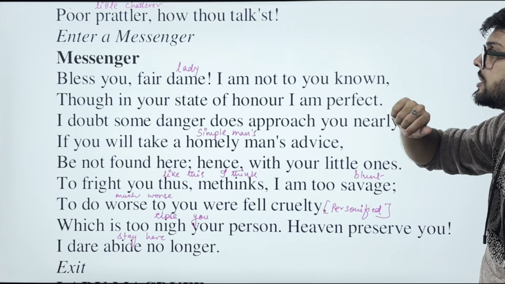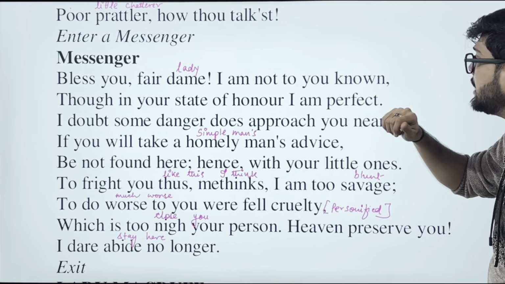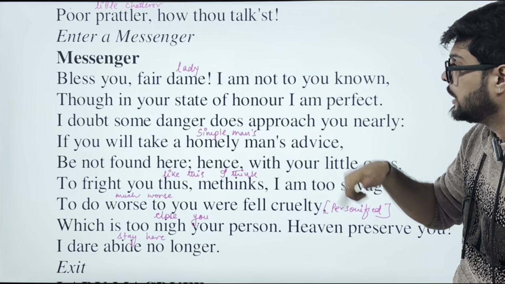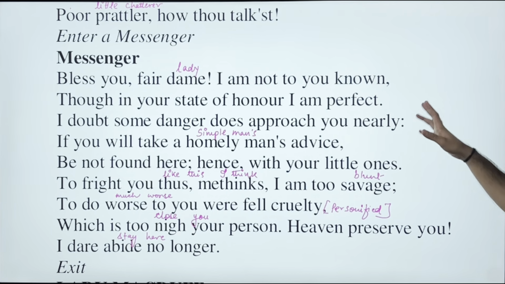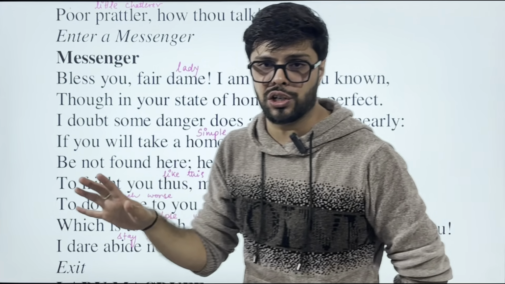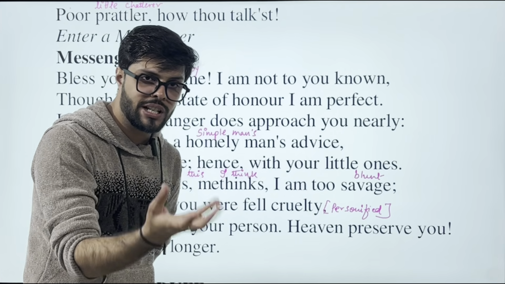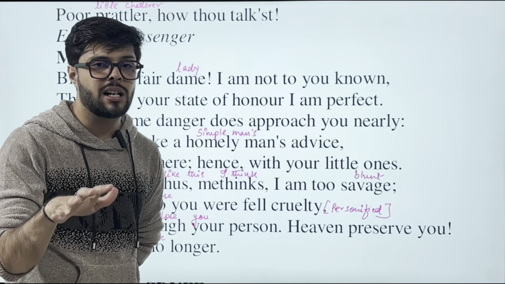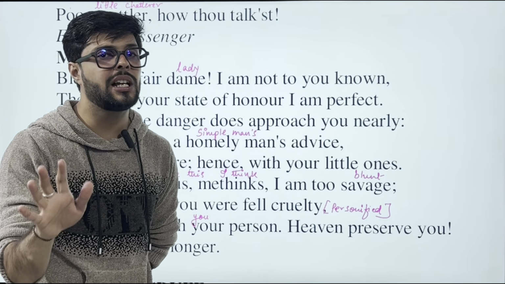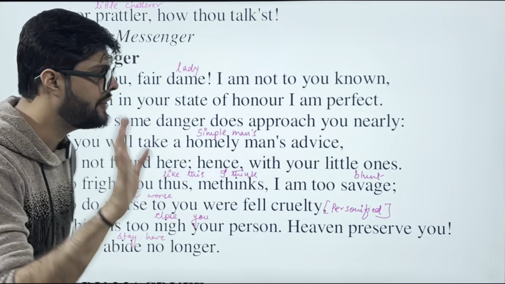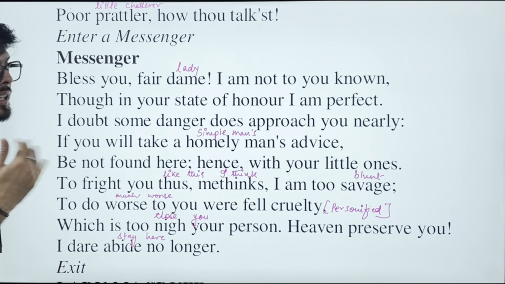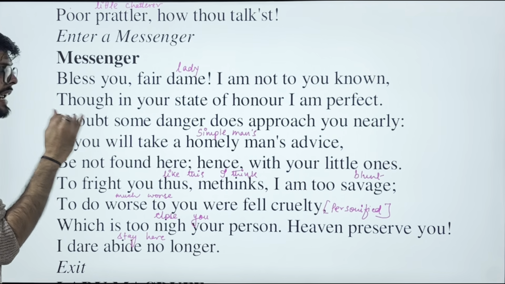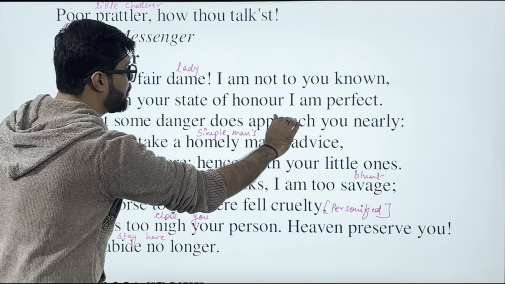So a messenger enters, saying: Bless you, fair dame, fair lady. I am not to you known, so you do not know me, though in your state of honor I am perfect. Even though I know everything about you, your position, your role in Fife and in this castle, and your entire family, you do not know anything about me. I want to issue a warning. I doubt that some danger does approach you nearly.